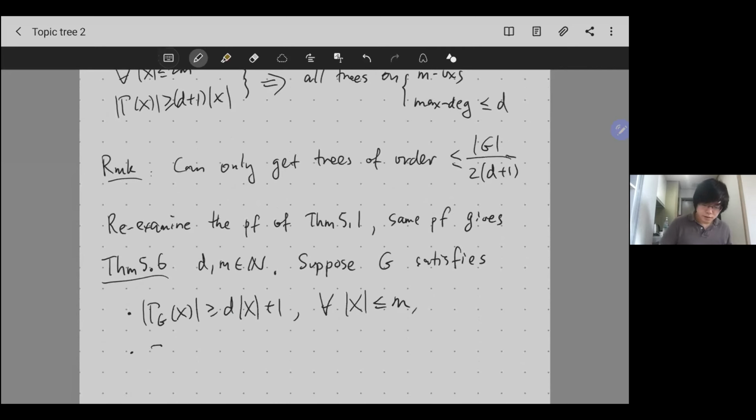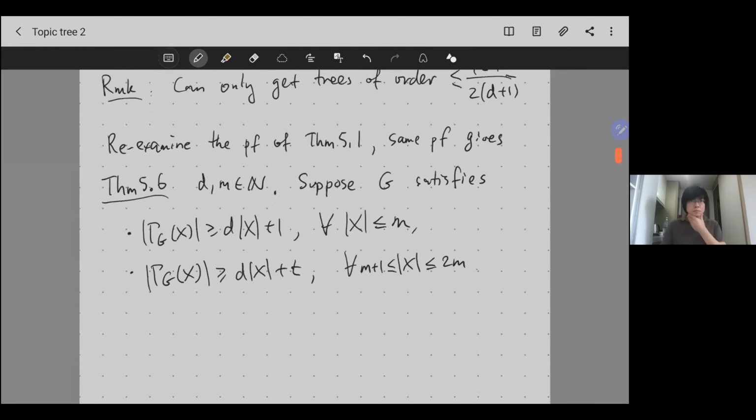And we require larger expansion for X of size between m and 2m. We require a slightly larger expansion. Then the conclusion is that G contains any tree T with order at most m vertices and maximum degree bounded by d again.